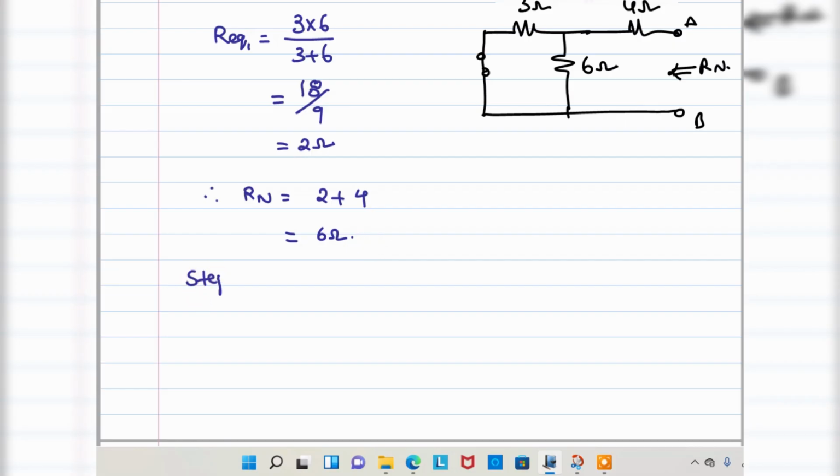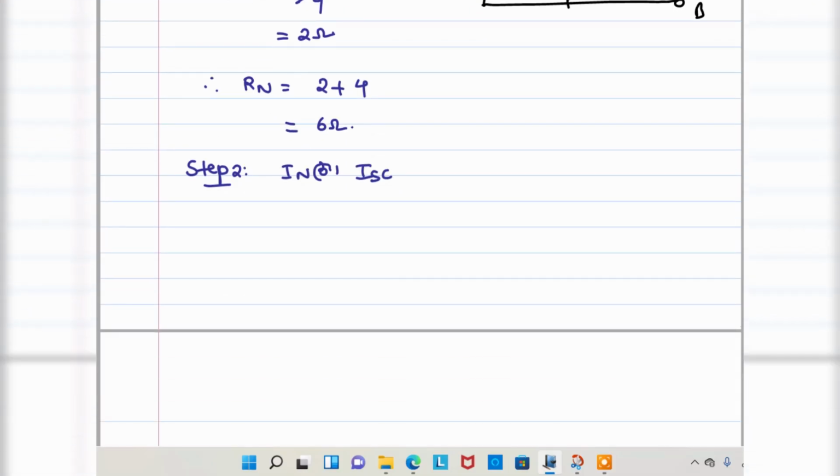Step 2. The step 2 is the IN value, or short circuit current. Let me draw the diagram for the second step. The 36 volt voltage source should be there.